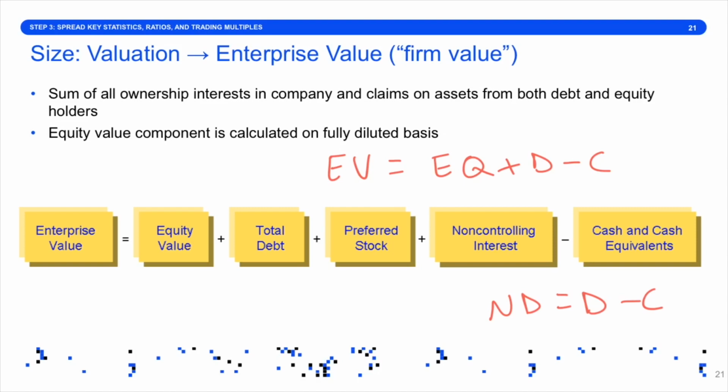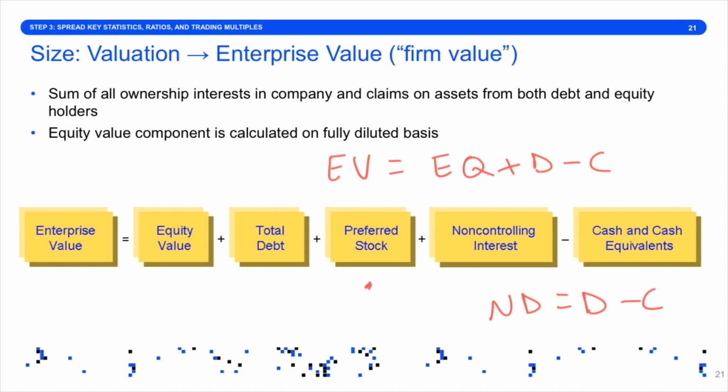Now, there are still a couple of complications. One complication is that the company may have issued some preferred stocks, and preferred stocks are stocks without voting rights, and they usually are not included in the equity value, so you just need to put them back. And then the company can have minority interest in other companies, and they also should be put in.